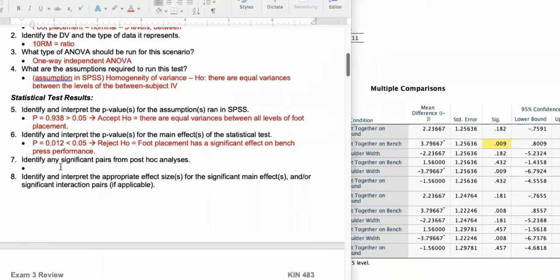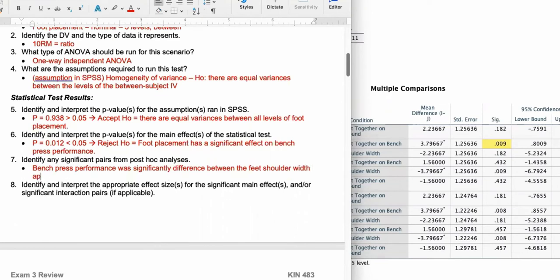So I would write this as bench press performance was significantly different between the feet, we'll say shoulder width apart, and feet together on bench conditions.